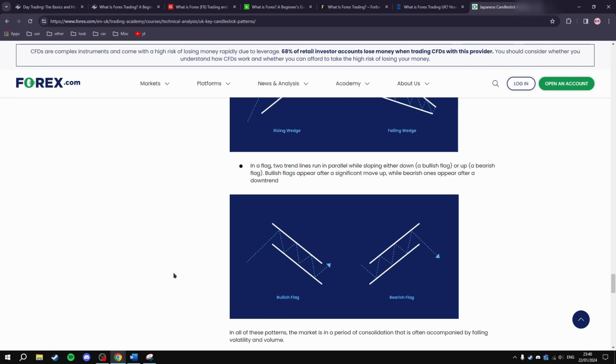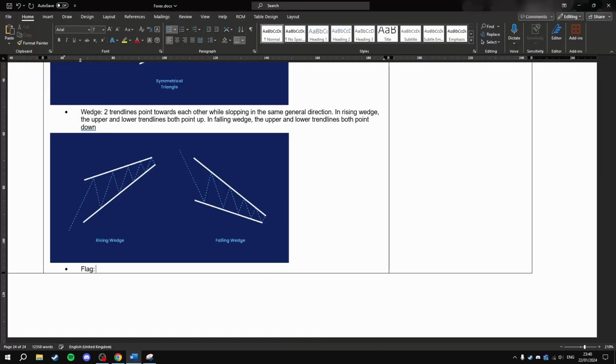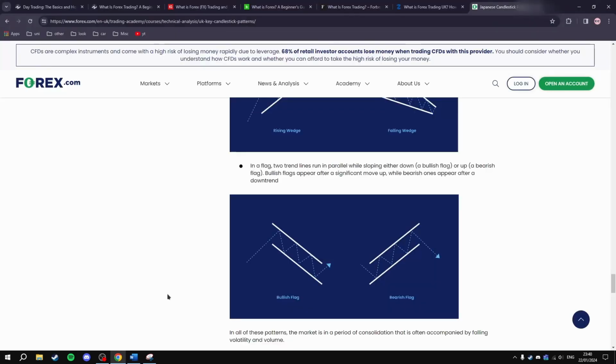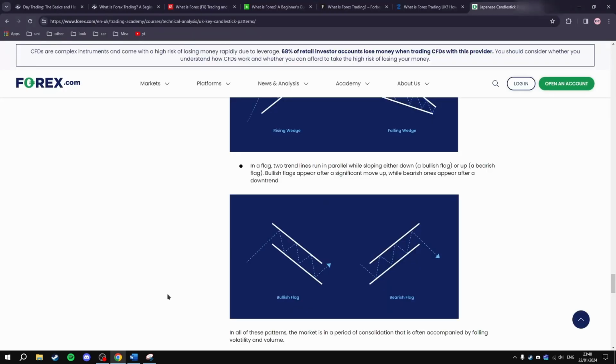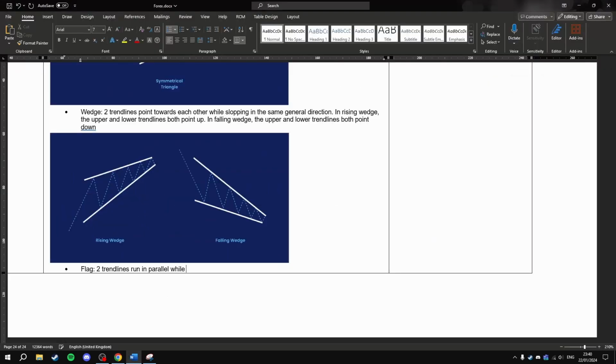In a flag, two trend lines run in parallel whilst sloping either down, bull, or up, bear.